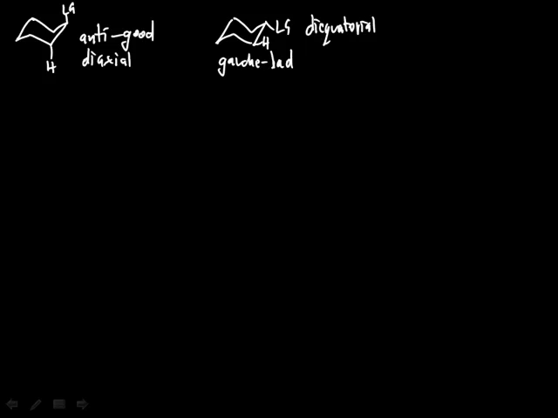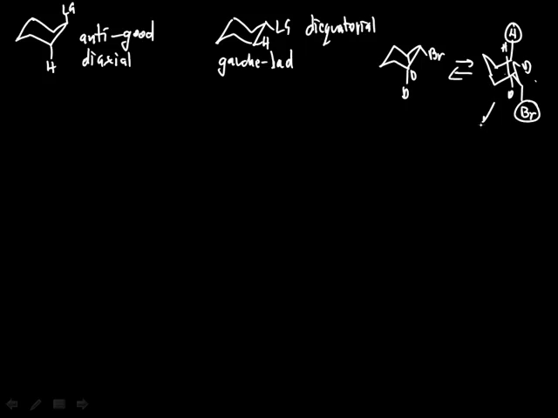But it is worthwhile noting that if we have a system where we have labeled groups such as these two deuteriums and, say, bromine in equatorial position, this conformation will not eliminate because bromine is equatorial. So it will need to ring flip into the less stable conformation where bromine is now axial, but it will make the deuteriums equatorial, and so the bromine will eliminate, but it will eliminate with one of these two hydrogens to give us technically two enantiomeric products, this one through elimination of the hydrogen that is closer to us, and this one.